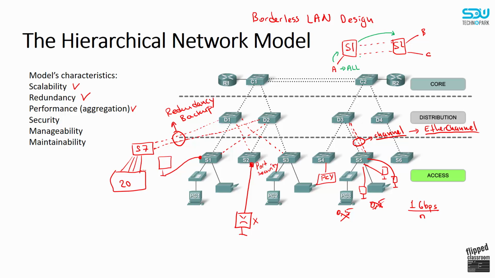Because this is a broadcast, the switch resends this information to both links, and when this broadcast frame comes to switch 2, switch 2 will resend it to B and C, and also resend it to switch 1 again. And at the same time, we have this frame, which will also be redirected to B and C and to switch 1. So here we'll have an endless loop, and we don't have a mechanism like TTL in layer 2.